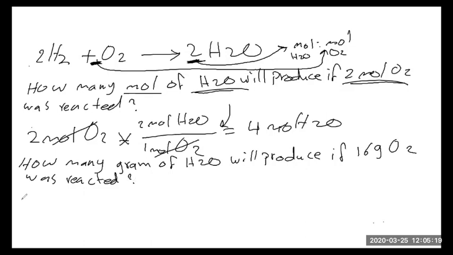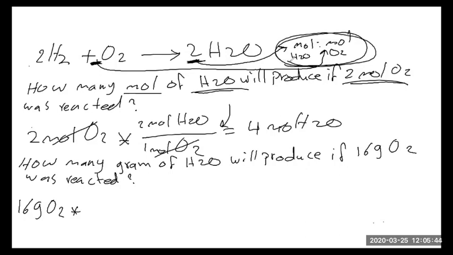So here start with the 16 gram O2 times what? Now, be careful here. Here we have a mole to mole ratio, not a gram to gram ratio. What does that mean? If you have a gram, you have to convert it to mole first, and then use the mole to mole ratio.